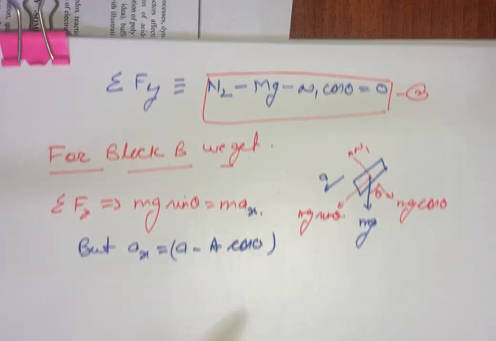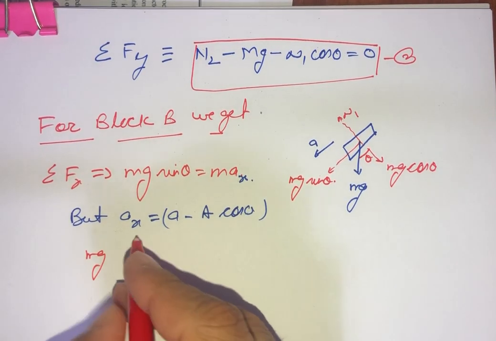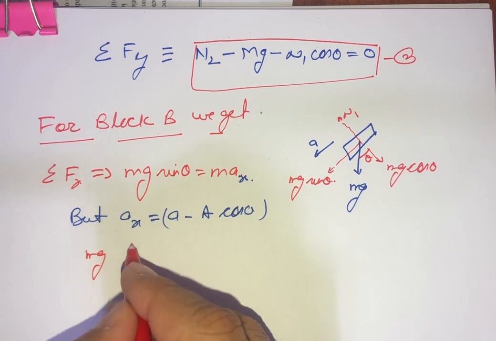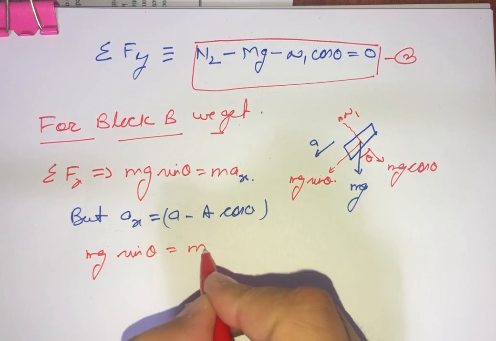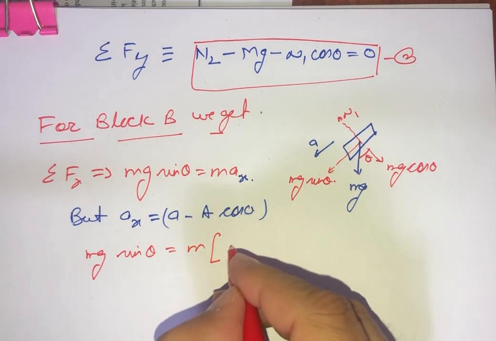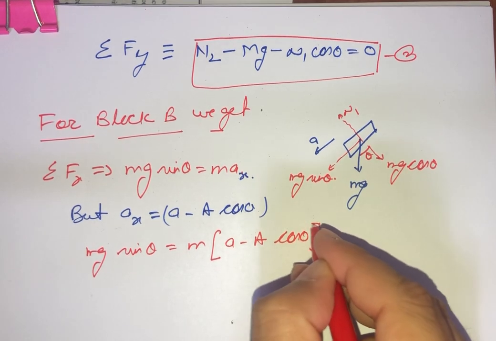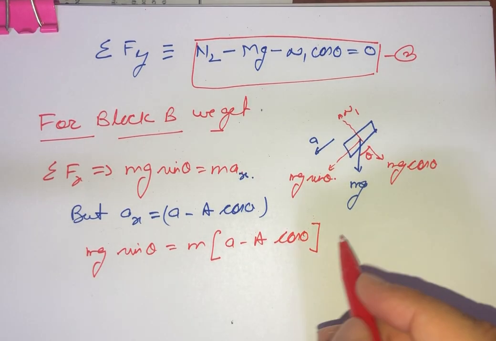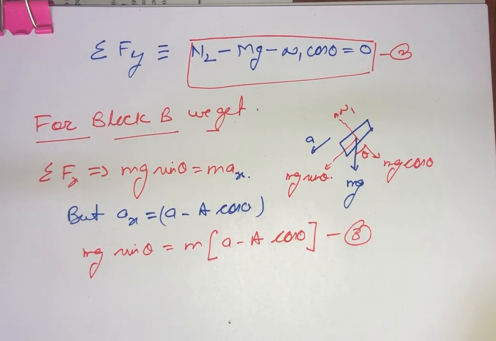So we put it here, we get mg sine theta is equal to m (a minus A cos of theta), and let us call this equation number 3.